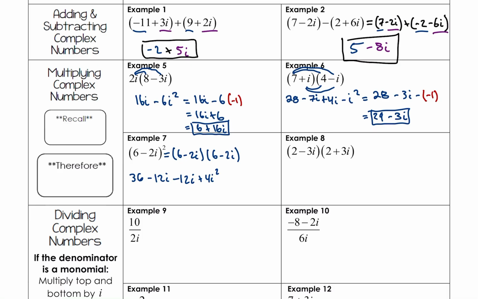I'll combine like terms and replace this i squared with a negative 1. So I'll end up with 36 minus 24i minus 4, because 4 times negative 1 is negative 4. And now my last step is 36 minus 4. Those are like terms, so I'll end up with 32 minus 24i.